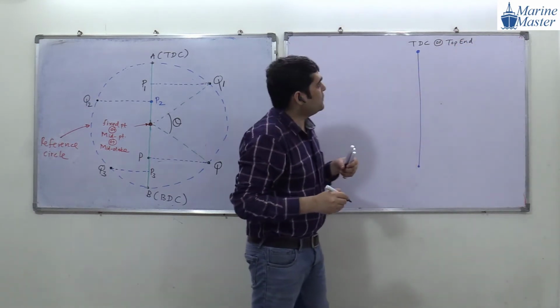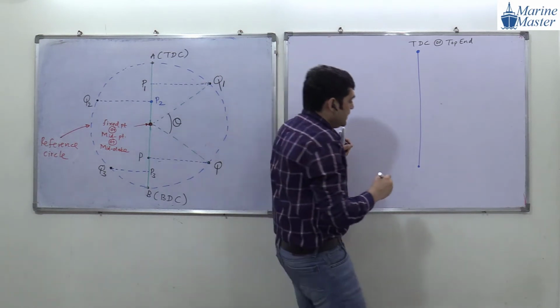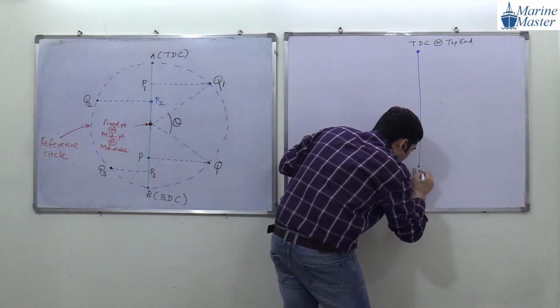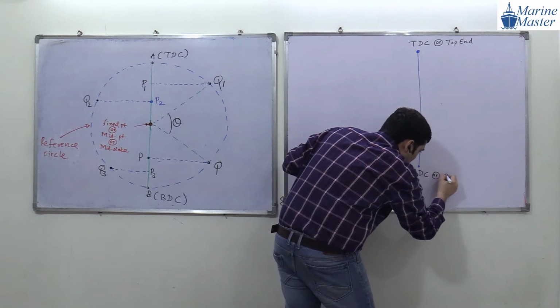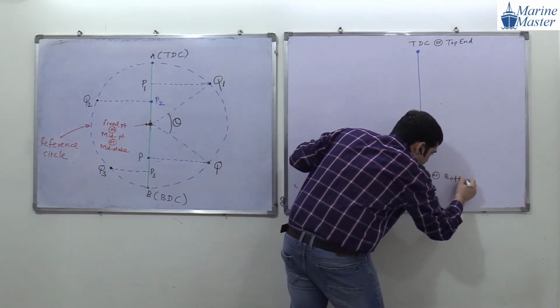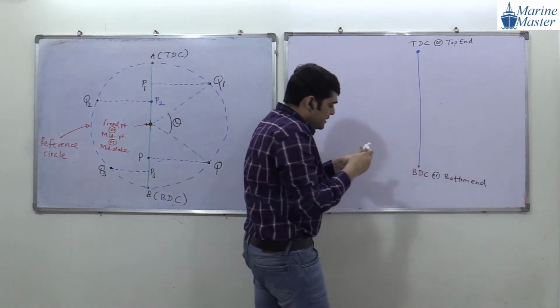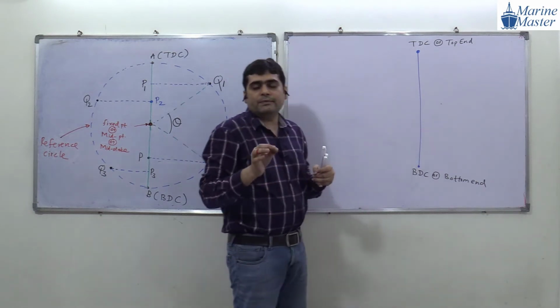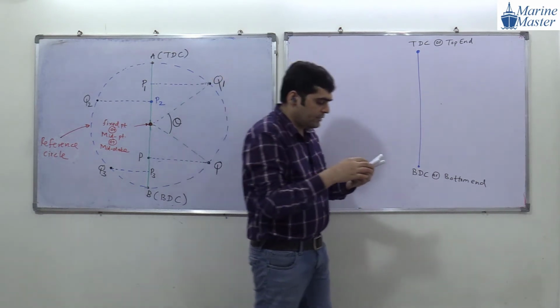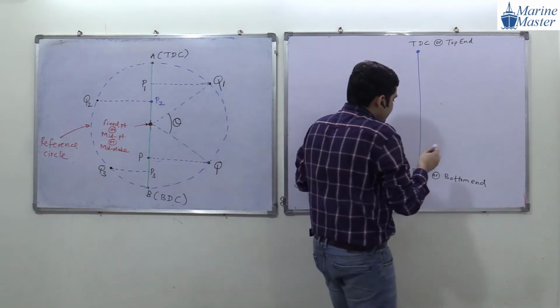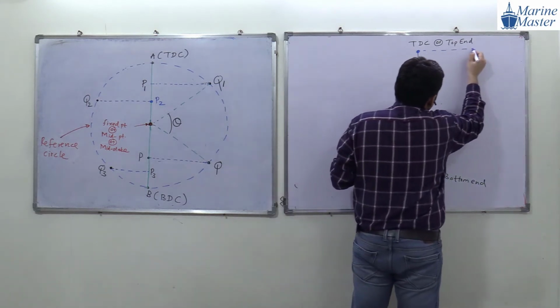TDC or top end. Then this will be what, everyone? Bottom means BDC, or we will say bottom end. Now, what will be the distance between these 2 points, between TDC and BDC?